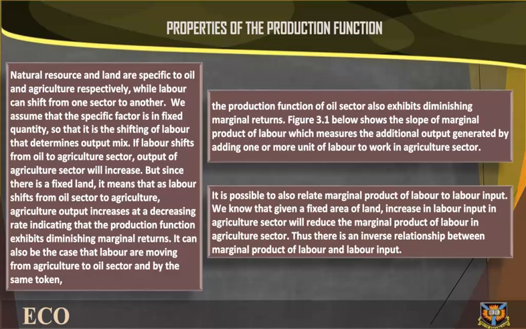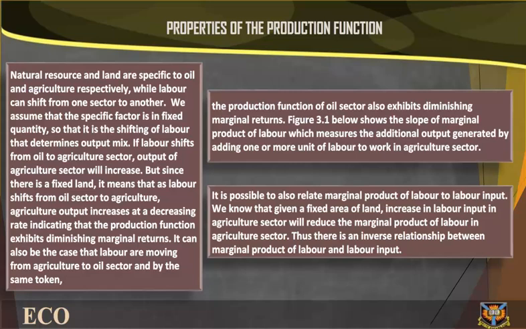Figure 3.1 below shows the slope of the marginal product of labor, which measures the additional output generated by adding one or more units of labor to work in the agricultural sector. It is possible to also relate the marginal product of labor to labor input. We know that given a fixed area of land, an increase in labor input in the agriculture sector will reduce the marginal product of labor in the agriculture sector.